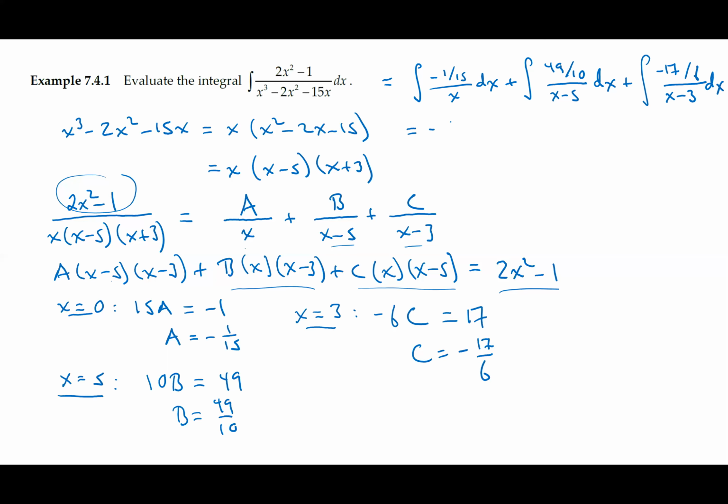Well, we know how to do this. This is going to be 1/15 ln absolute value x plus 49/40 ln absolute value x minus 5 plus 17/24 ln absolute value x plus 3 plus a constant, okay? And if you want, you could combine these, right? You could make these coefficients of the natural log exponents, and you could simplify this into a single natural log. There's nothing wrong with that. But there you go.